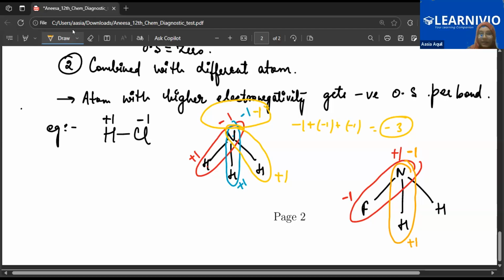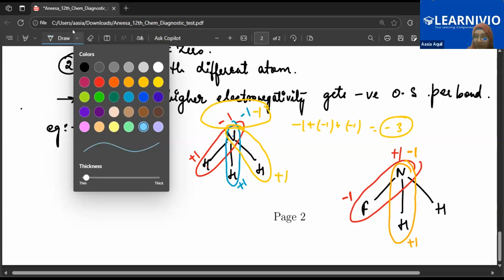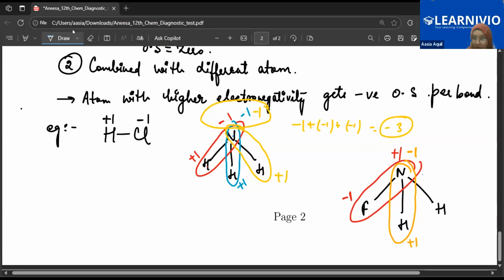Similarly, for this bond, nitrogen will acquire negative charge because it is more electronegative than hydrogen, and hydrogen will acquire +1 charge. Now the overall charge on nitrogen: the +1 and -1 cancel out, and the overall charge will be -1. It means the oxidation state of nitrogen is -1, right?